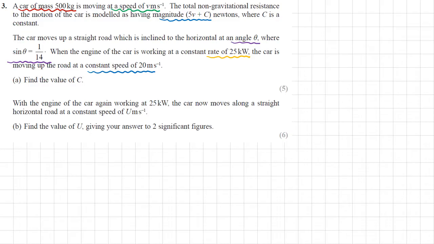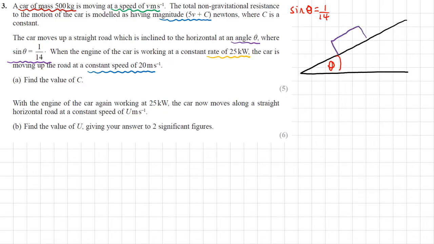Okay, so let's start with our diagram. Here's my inclined road, and an angle of theta, I'm just told sine theta is 1 over 14. Here's my car of mass 500 kg, and its engine, its tractive force here is equal to P over v.